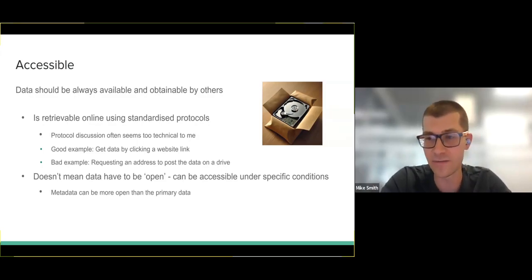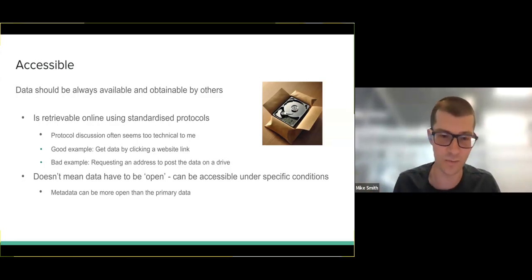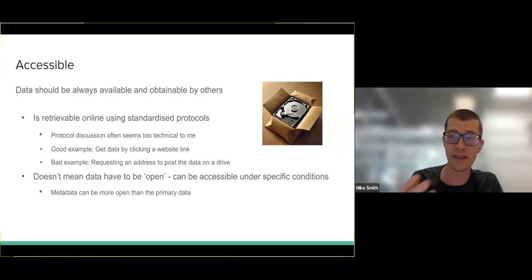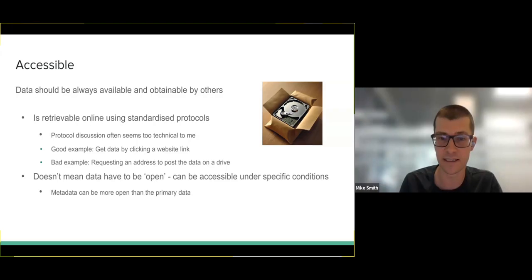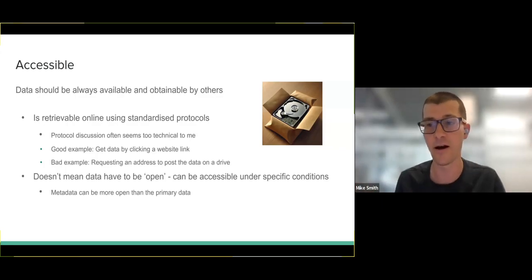I think the discussion around this perhaps obfuscates the approach to it. But trying to think of a poor example, an extreme and slightly silly one would be if you could find my data set and I said it's available, but instead of clicking a link, you have to write me an email, send me your address, and I will post you the data on a hard drive.